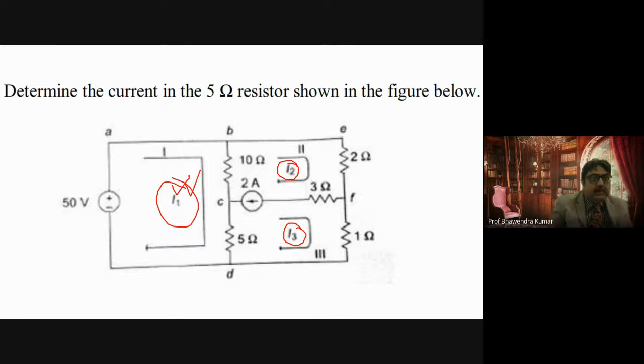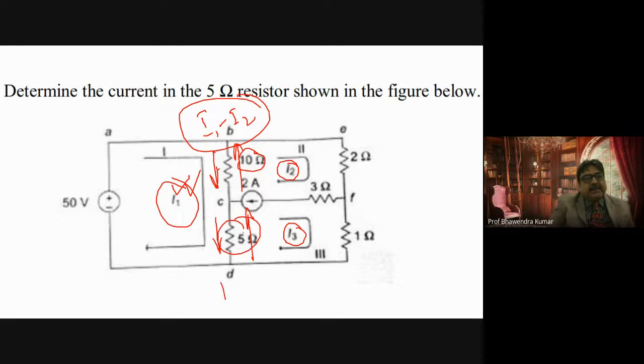Do you understand? Now, when I talk about the 10 ohm resistor, what do I notice? I1 is going in this direction. I2 is going in this direction. So the net current through it will be I1 minus I2. Do you understand it? For the 5 ohm resistor, I1 is going in this direction, I3 is going in this direction. For this 5 ohm resistor, current will be I1 minus I3.